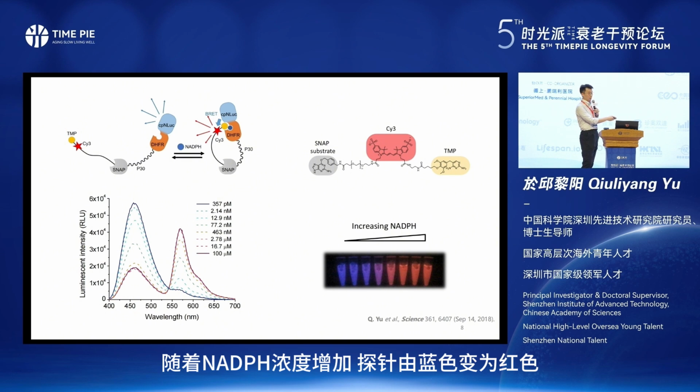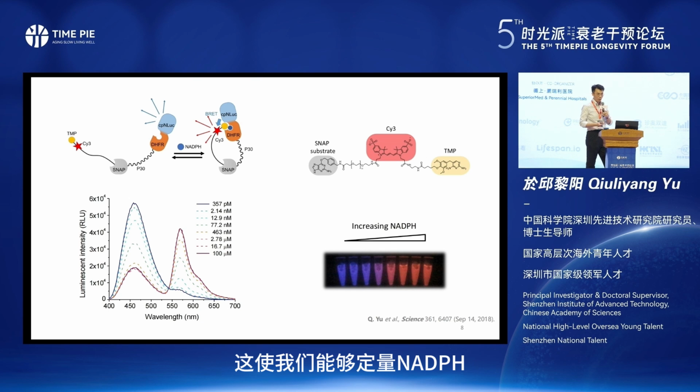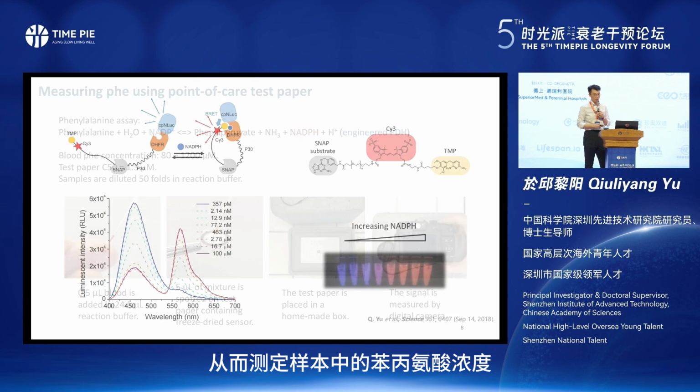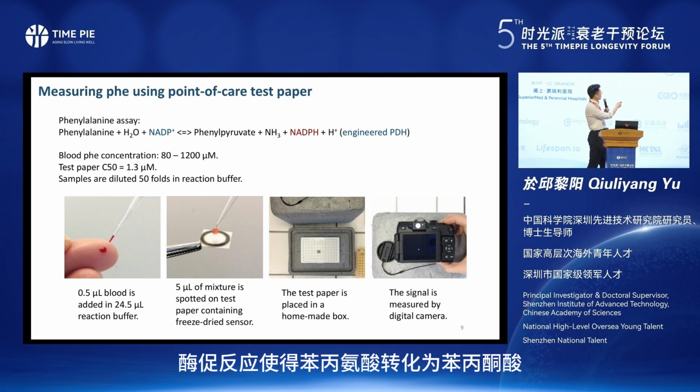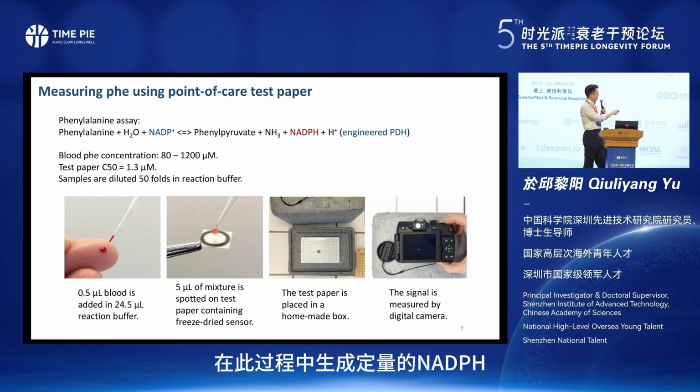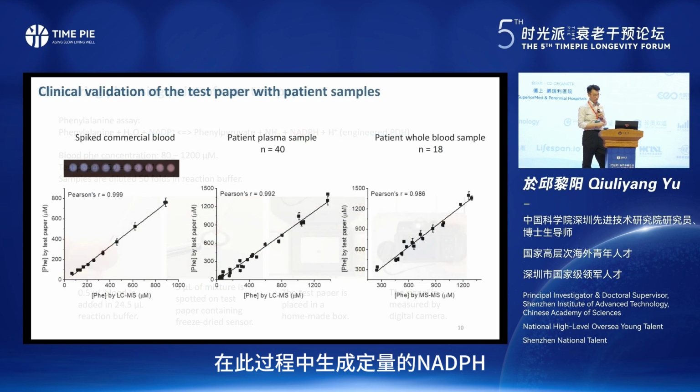And with an increasing amount of NADPH, the sensor shifted from blue to red. That would allow us to quantify the phenylalanine or the NADPH and hence the phenylalanine level in the samples. In the end, what we had was we take 0.5 microliter of blood and add it into a reaction buffer that converts phenylalanine into phenylpyruvate and quantifies NADPH during the process.